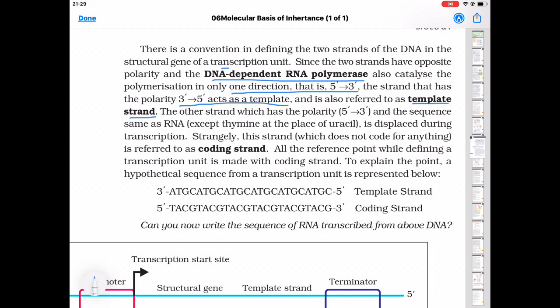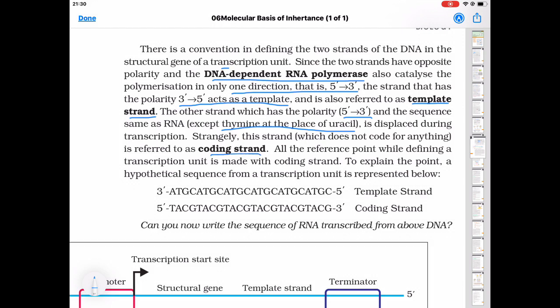The other strand, which has polarity 5' to 3' and the same sequence as RNA except thymine in place of uracil, is displaced during transcription. This strand, which does not code for anything, is referred to as the coding strand.